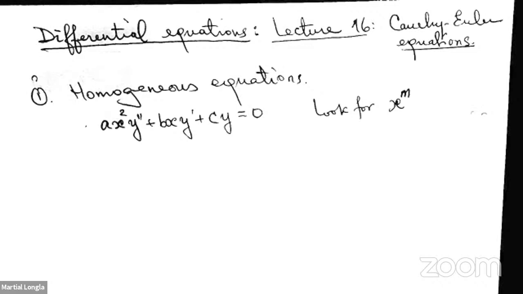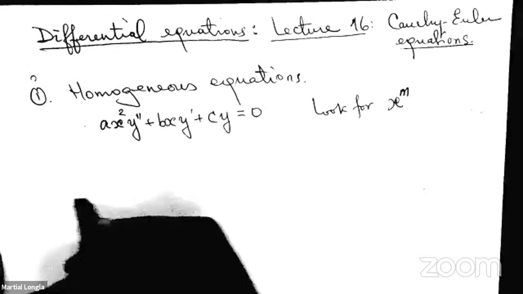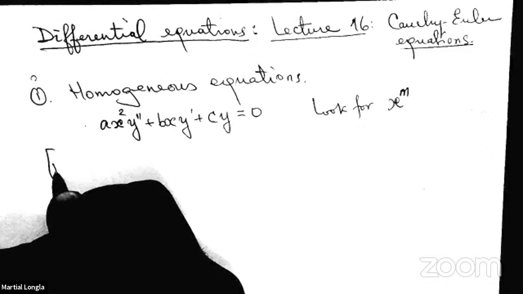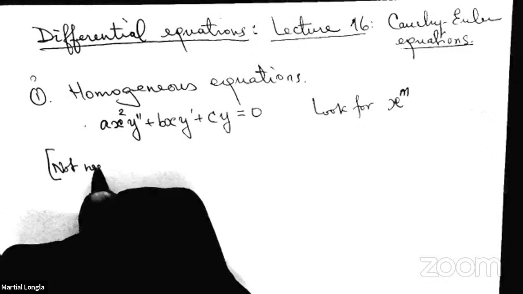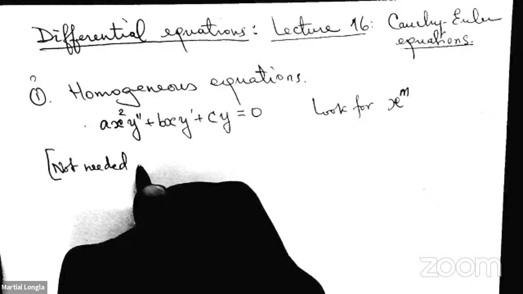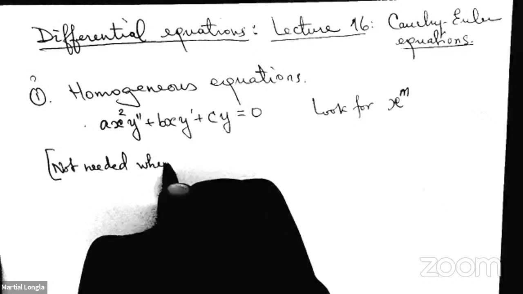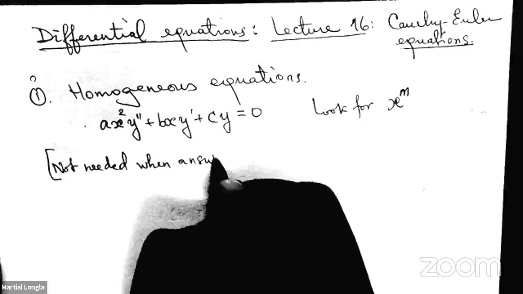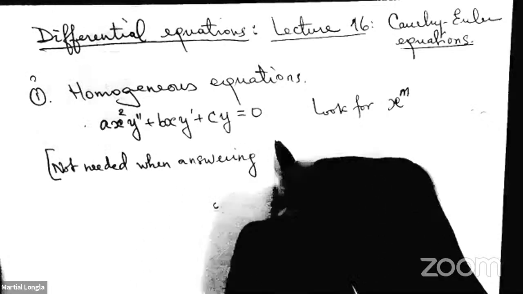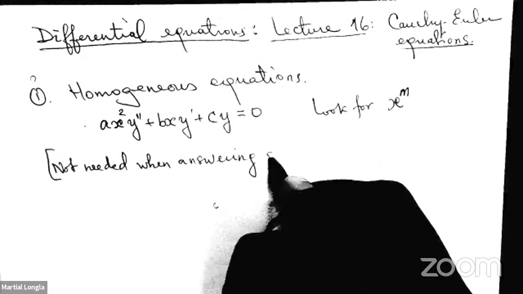That's the same method that was used for exponentials when we didn't multiply by x and x squared. This is not needed when answering questions. I'm just explaining here.